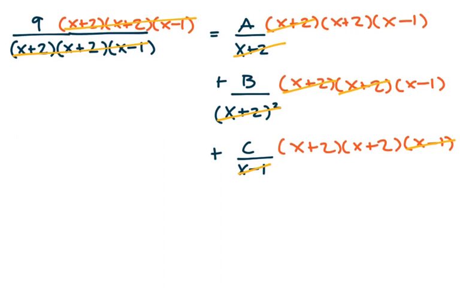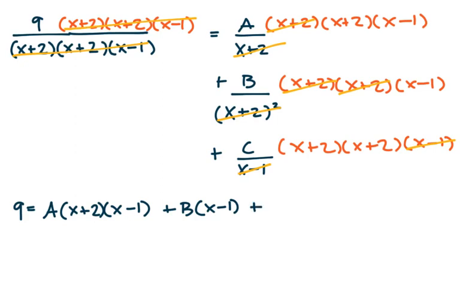So I'm going to write this on one line now. I've got 9 equals a times x plus 2, x minus 1, plus b times x minus 1, plus c times x plus 2, x plus 2.